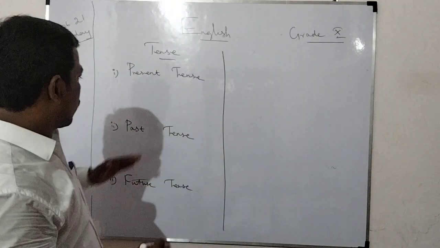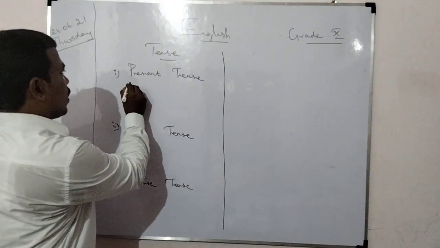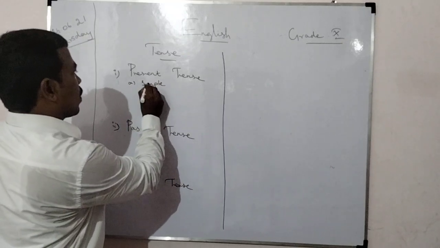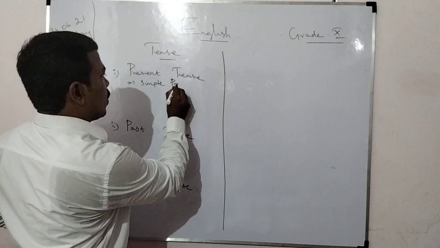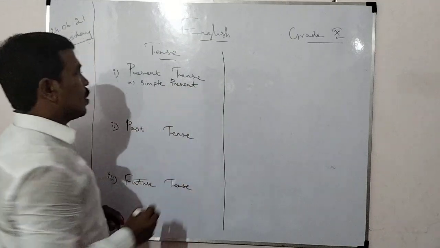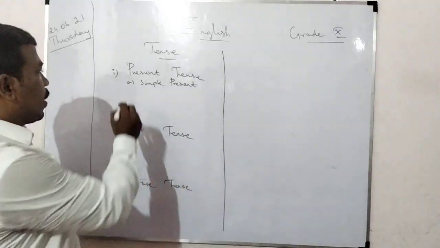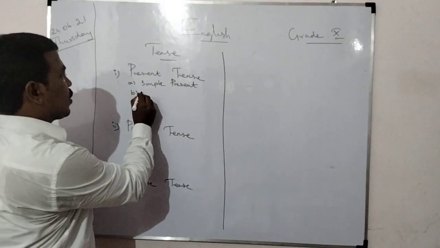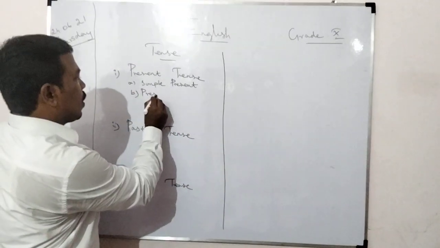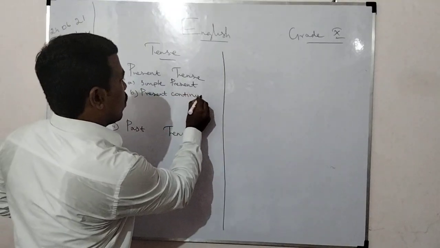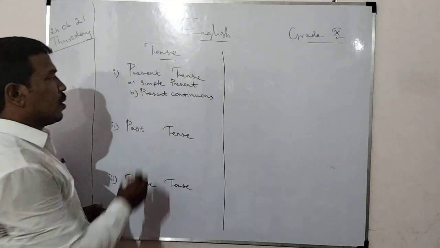So present tense is further divided into, as you all know very well, simple present. What is the first one? The present tense is subdivided into simple present, then present continuous. What is the second one? Present continuous.